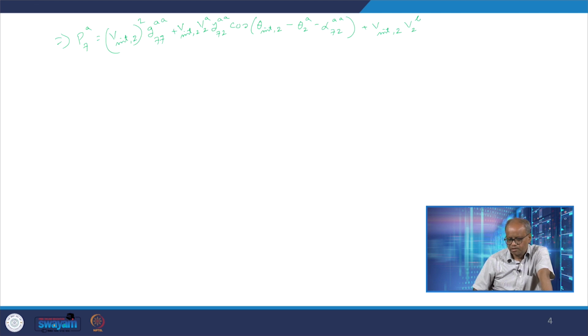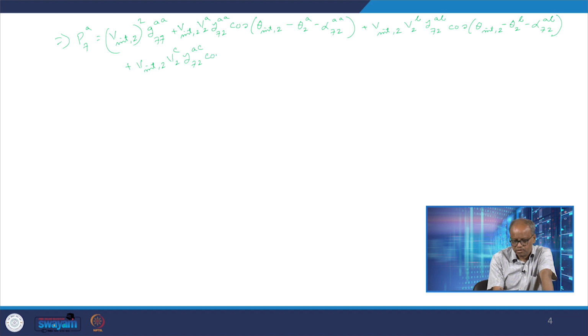Y72AA, then Y72BB, then Y72AB, then cosine theta internal 2 minus theta 2B minus alpha 72AB, plus V internal 2 V2C Y72AC cosine theta internal 2 minus theta 2C minus alpha 72AC.